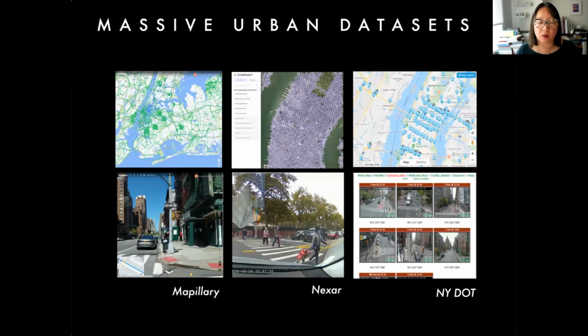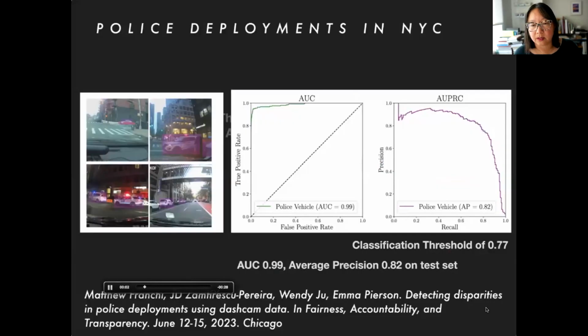We could see when we see a certain number of cars go by, for example, in the Nexar data set, how many of the actual cars that go by are we really sampling there? Having these large data sets of images makes it possible to find out what's going on throughout the whole city in a way that's really difficult for individuals to do.